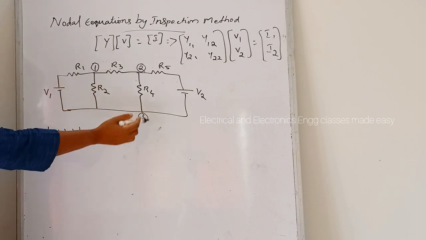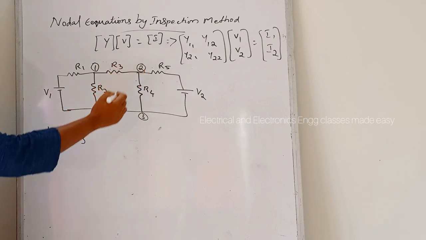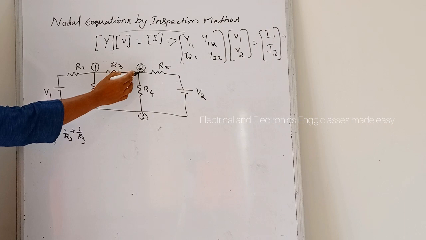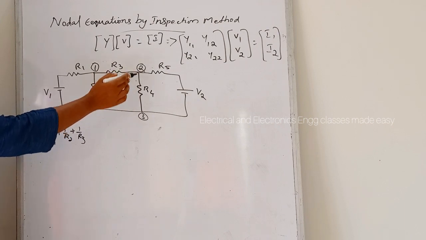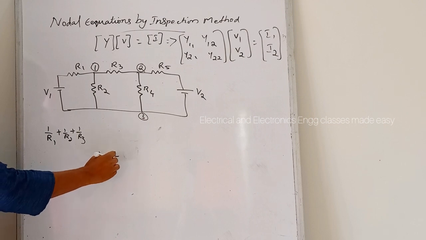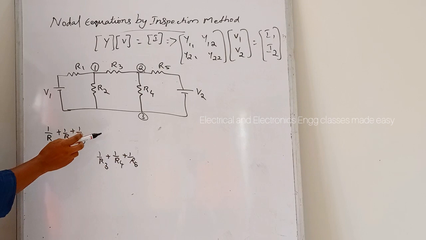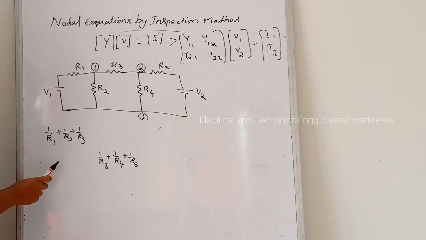Next is Y22, which means the sum of conductances connected to node 2. That is 1 by R3 plus 1 by R4 plus 1 by R5. Then next are Y12 and Y21.